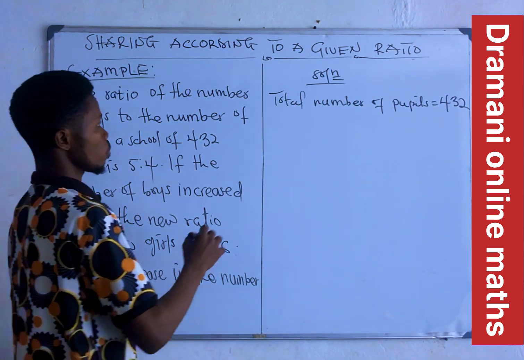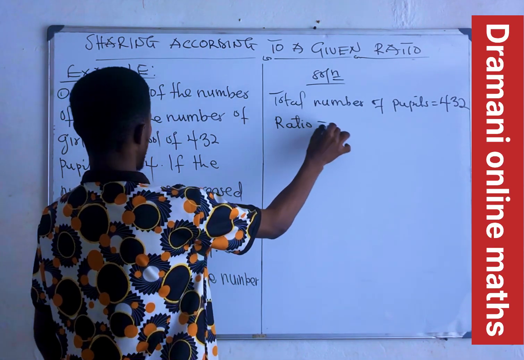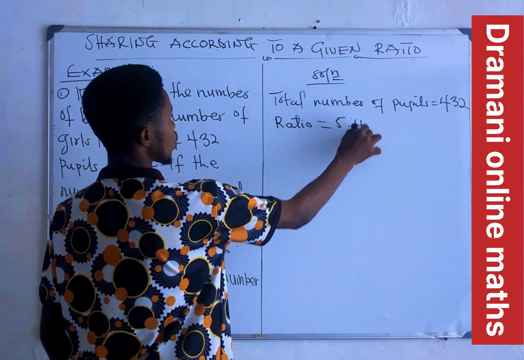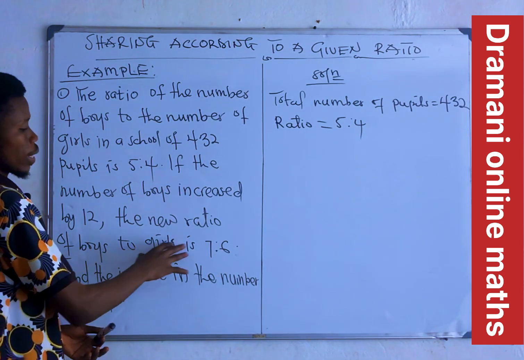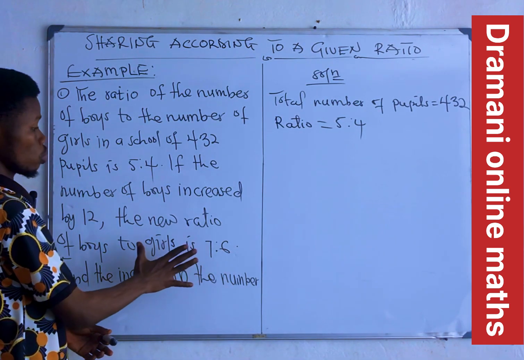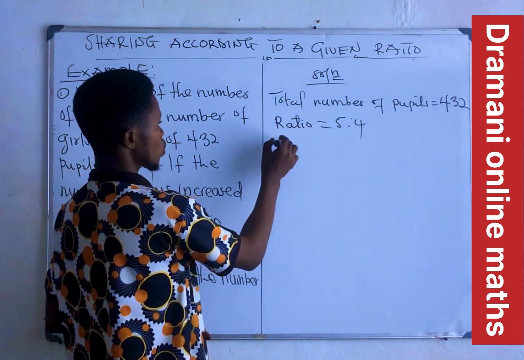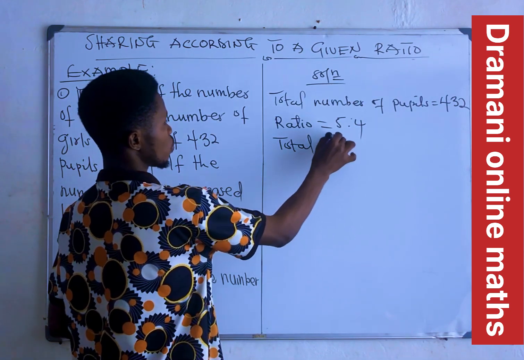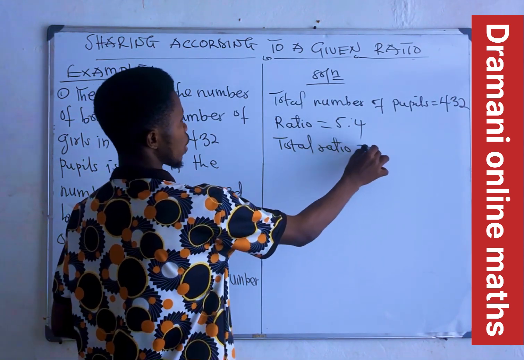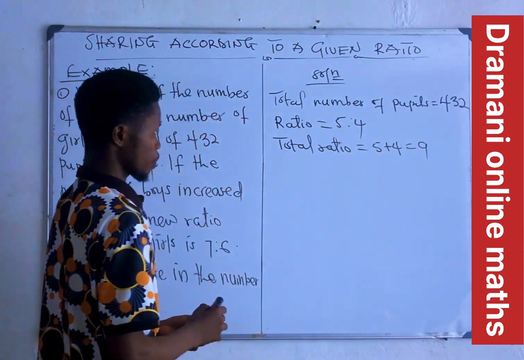The ratio is 5 is to 4. This was the ratio before, and the ratio after the increment is 7 is to 6. So let's deal with the top one first. Let's find the total ratio here. Total ratio, that will be 5 plus 4, which is what? 9.